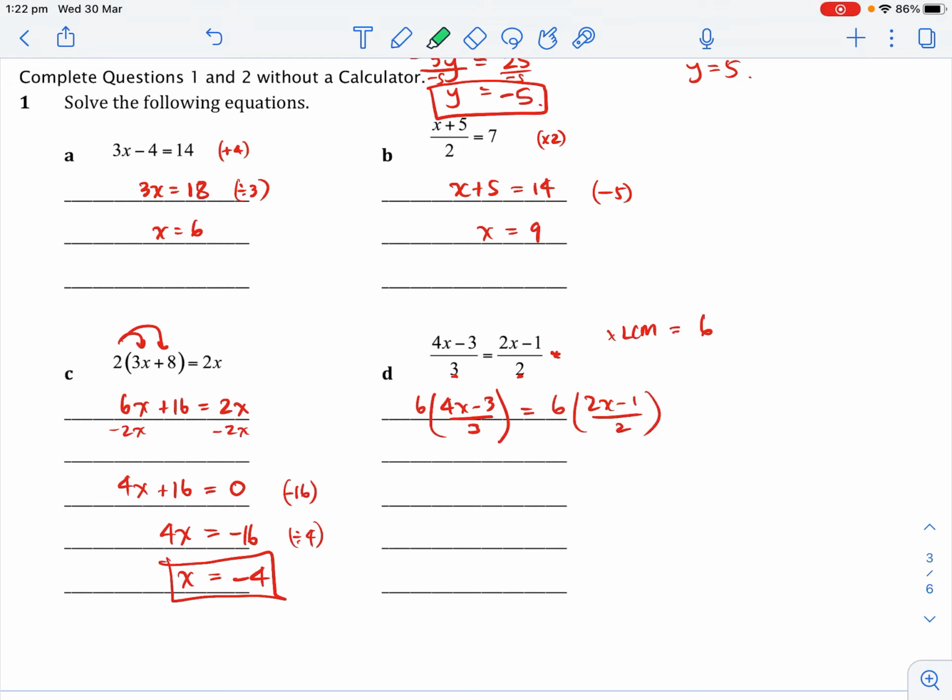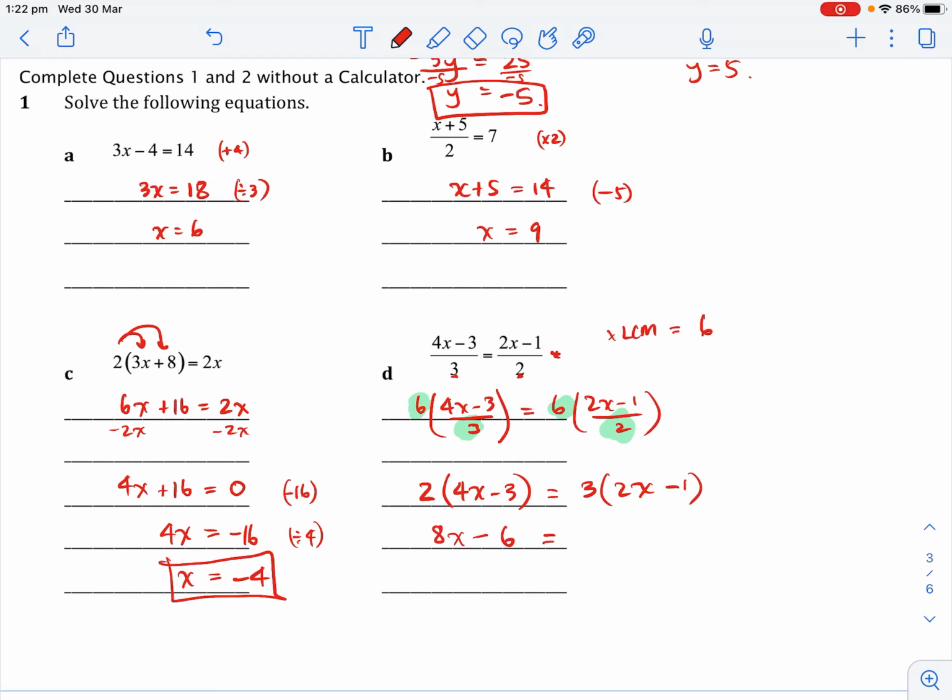So we've multiplied both sides by 6, and then now we're actually going to do this division first. So 6 divided by 3 is 2, and I still have the numerator, 4x minus 3. 6 divided by 2 is 3, and I still have the numerator, 2x minus 1.